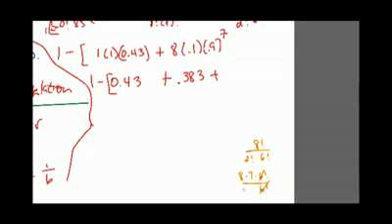And they cancel. 2 factorial, which is 2 times 1. So that cancels. It leaves me 4 times 7, which is 28. So that leaves me 28 times 0.1 to the 2nd, and 0.9 to the 6th.